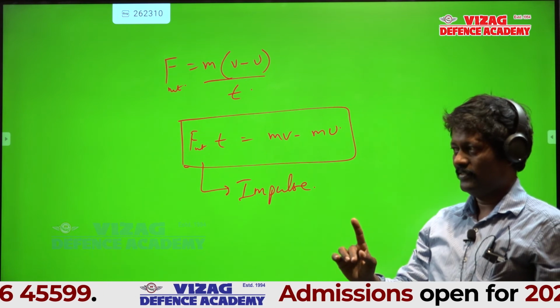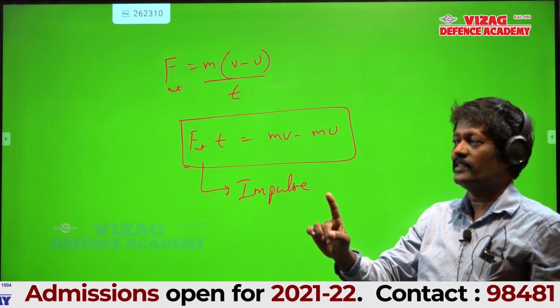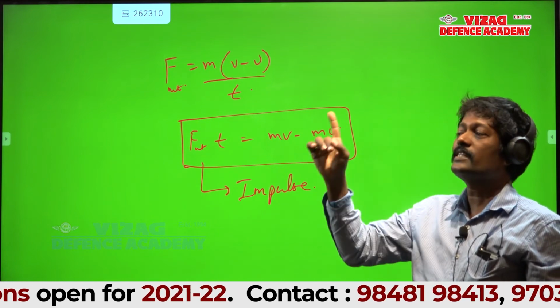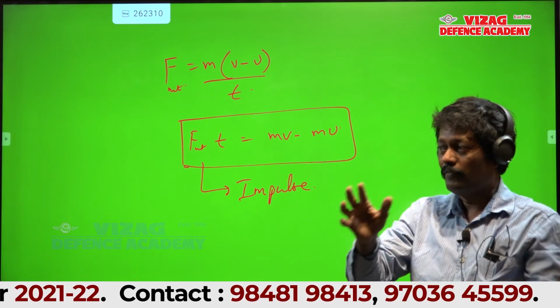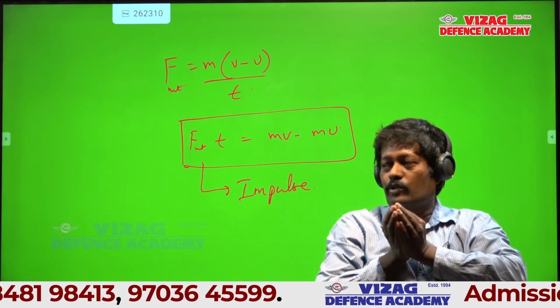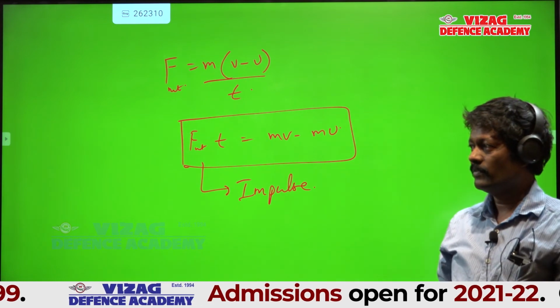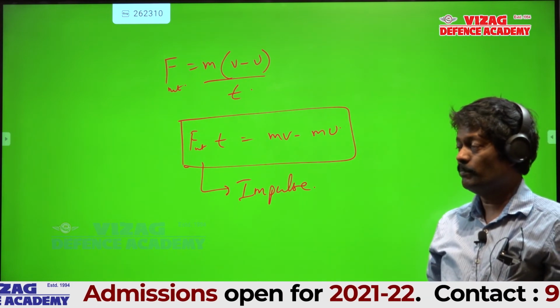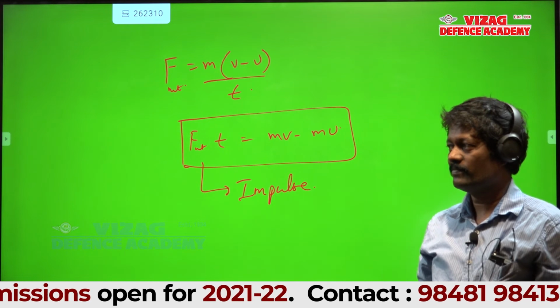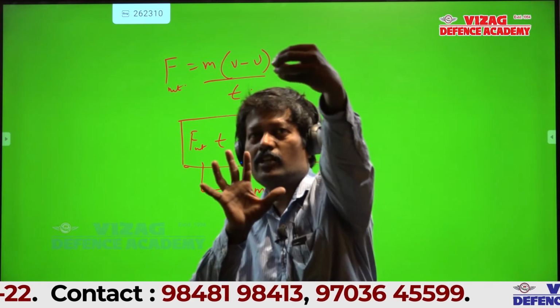Now listen. In which case is impulse more? When he abruptly stops the ball, or draws his hand towards his chest? The initial velocity of the ball is u.